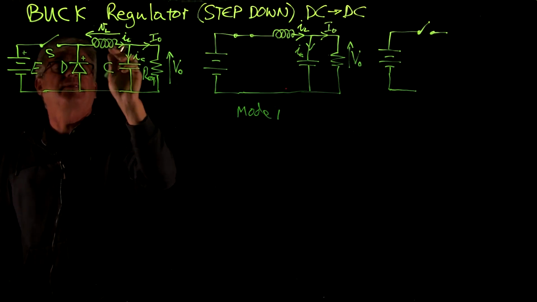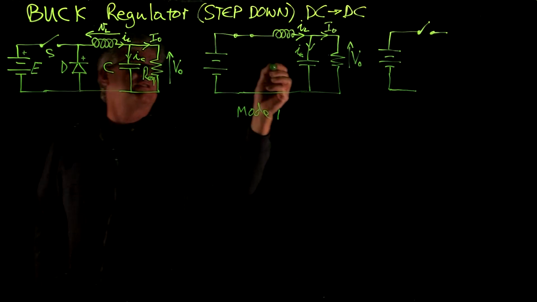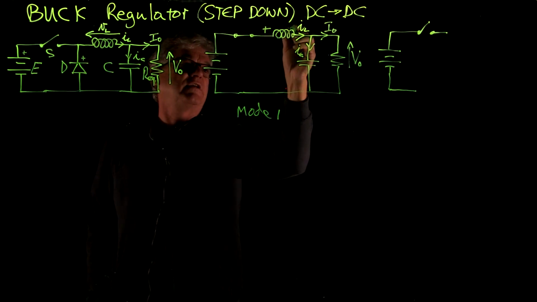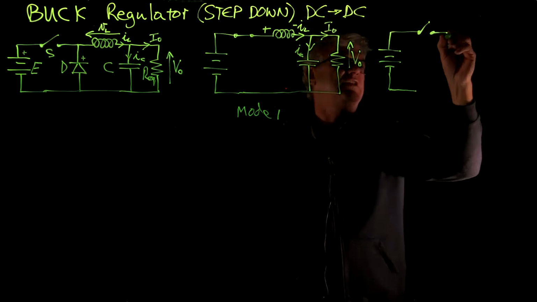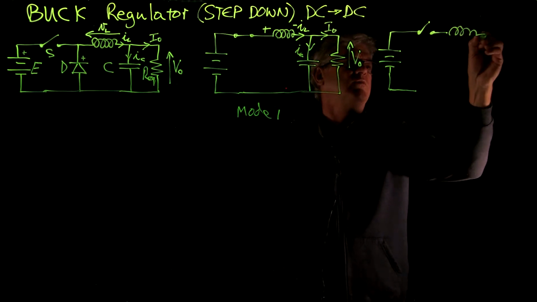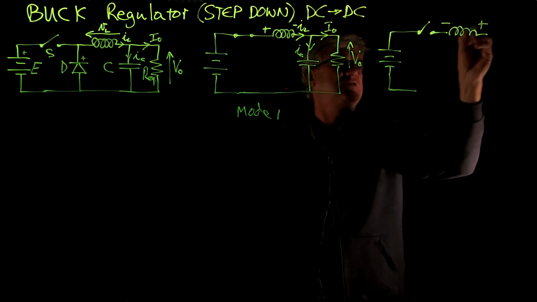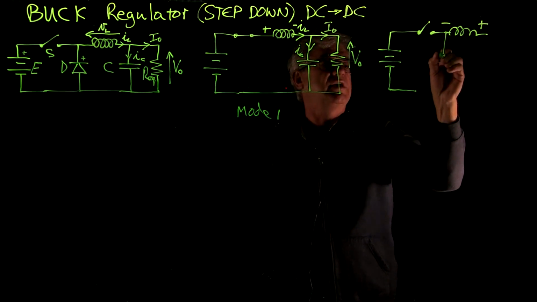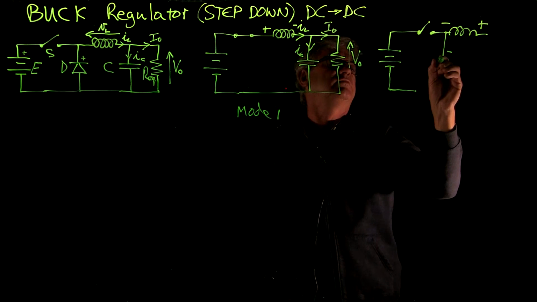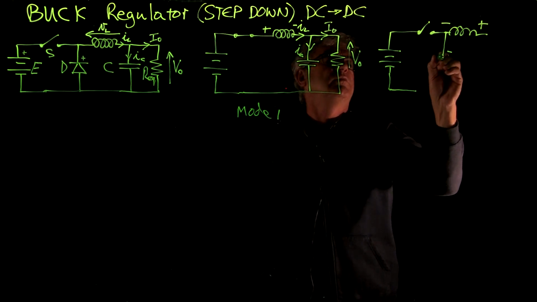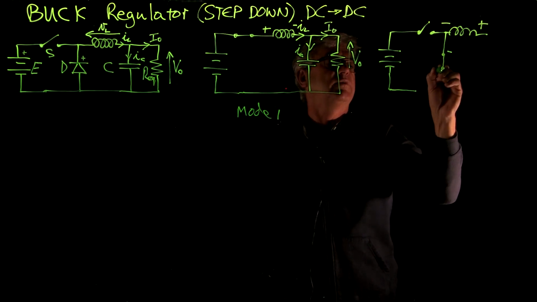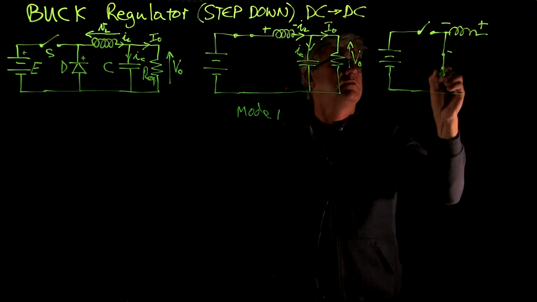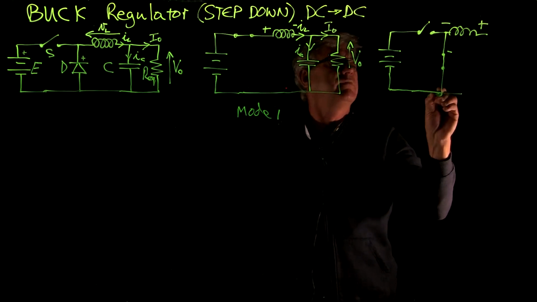And so where previously in this mode it was positive, negative, now the inductor polarity will be negative, positive according to Lenz's law, and that will place a negative on the diode's cathode, and it will forward bias the diode so that it switches on.